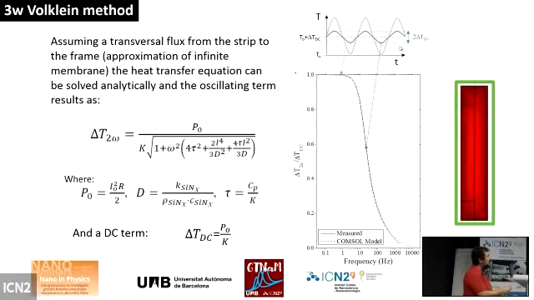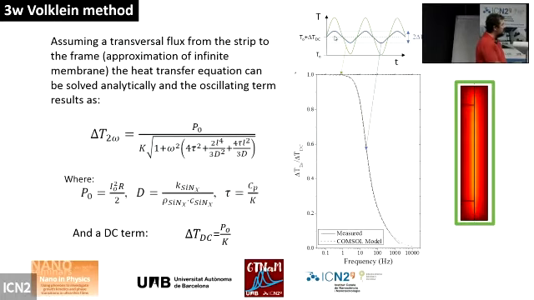What will change, depending on the heat capacity of the membrane itself, is the relation between the delta T 2 omega, that is the amplitude of the temperature oscillation, compared to the total. If the excitation frequency is very fast, the heat capacity will damp our oscillation and we will have a continuous heating.